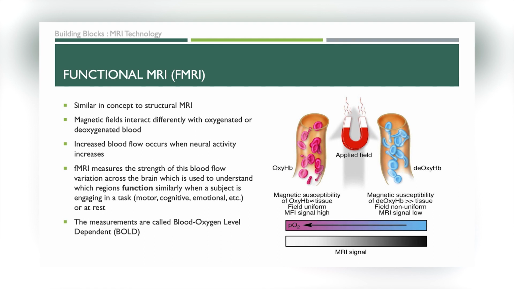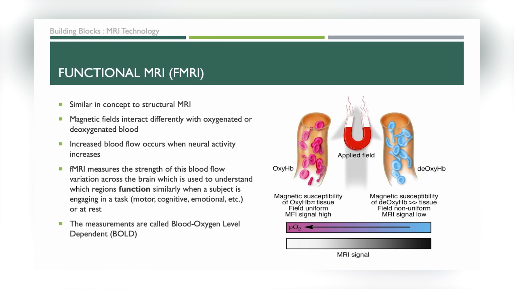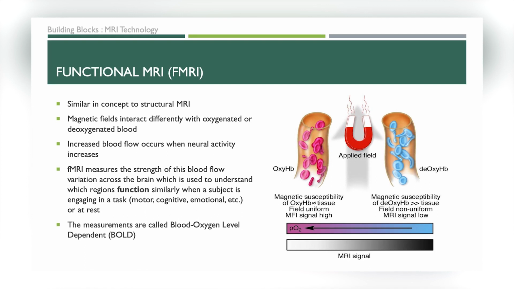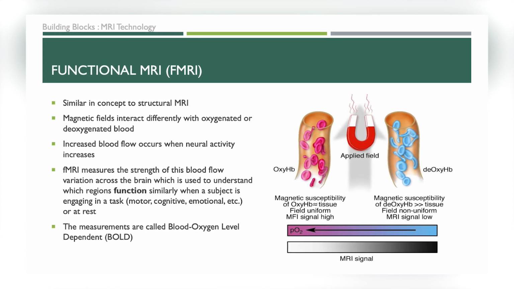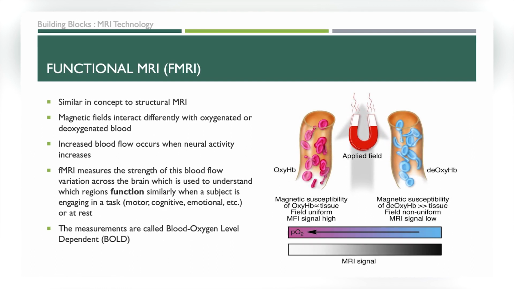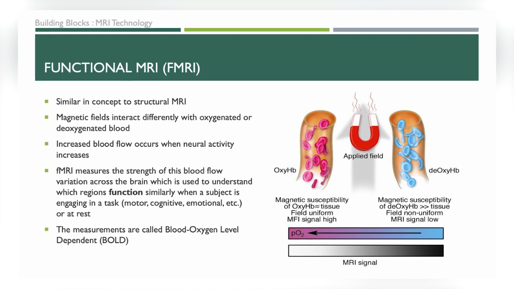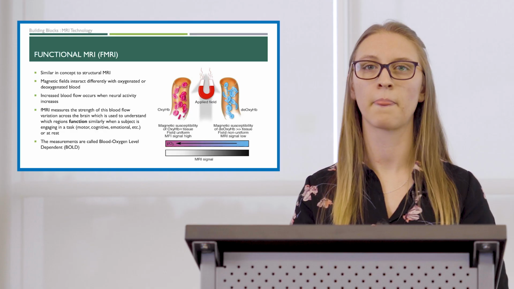So we want to measure where these neural activities are going on in the brain by measuring the increase in oxygenated blood. The functional MRI scanner measures the strength of this blood flow variation across the brain, which is then used to understand which regions function similarly when a subject is either engaging in a task or at rest.